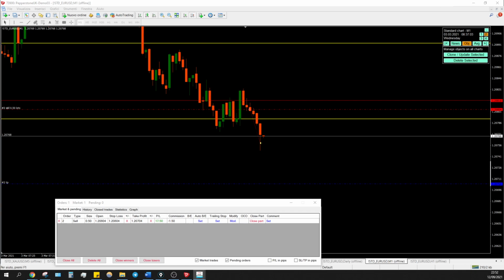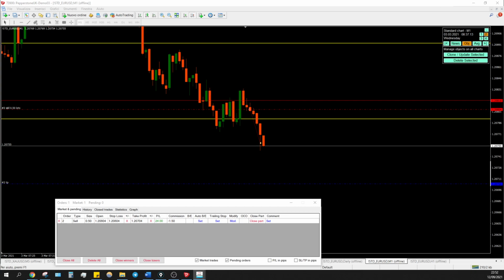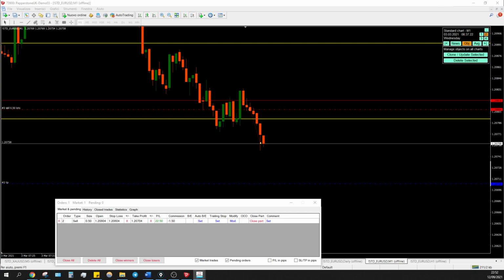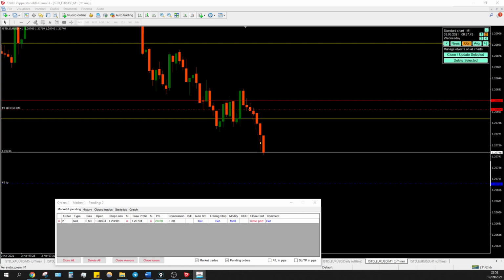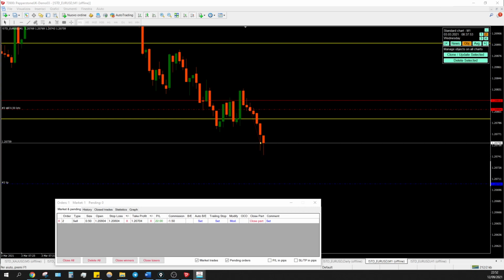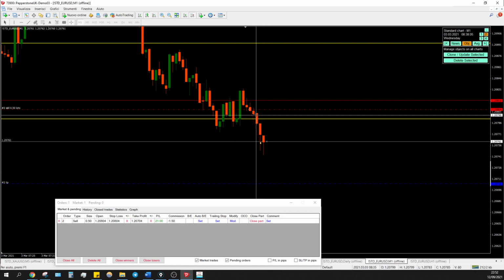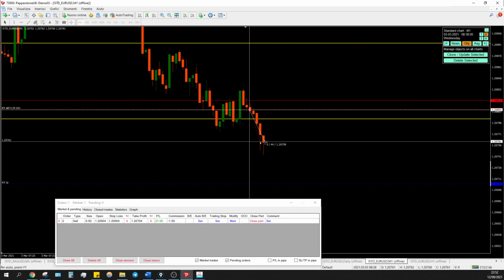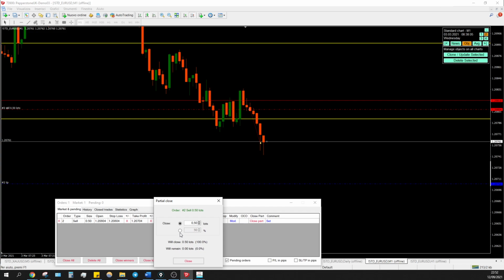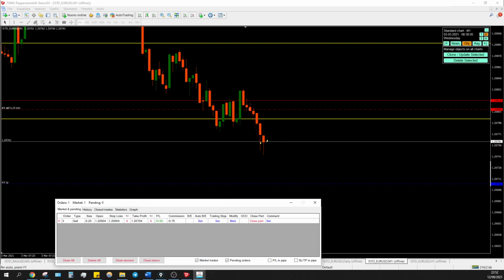Still closing below. Still bearish. We're getting a rejection, so we're still at 4 pips. I might close another 50% because I don't really like the reaction here.